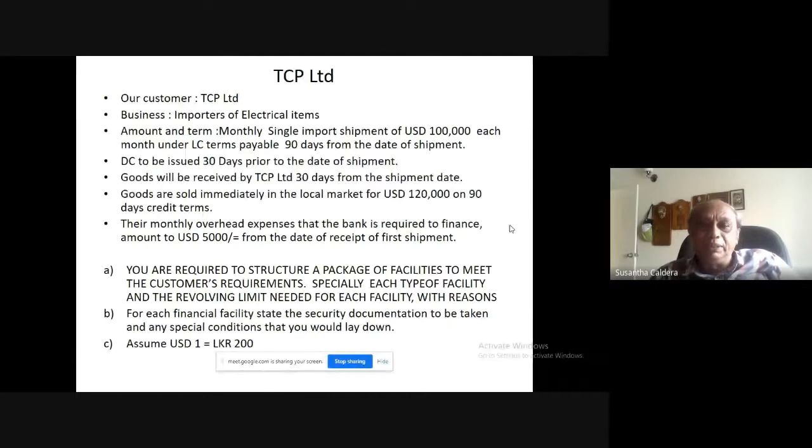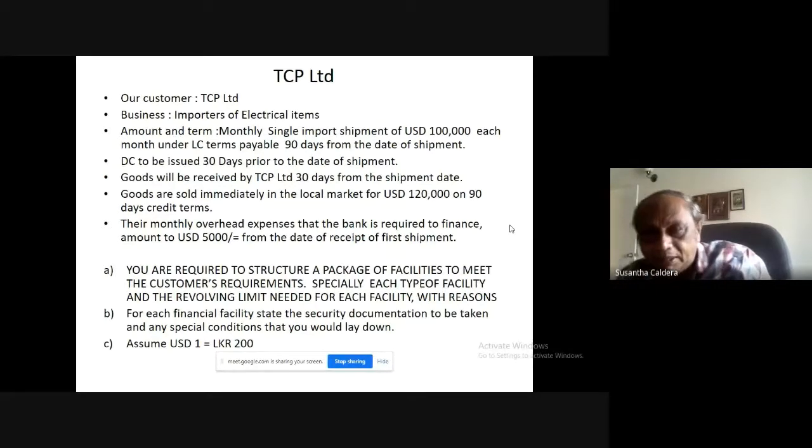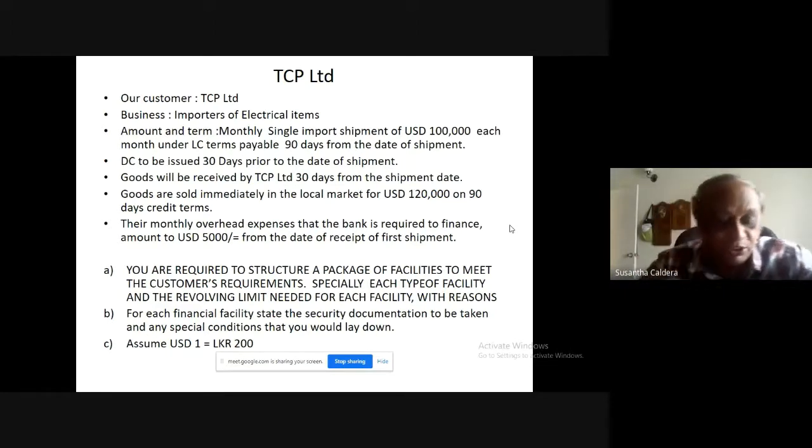Goods are sold immediately in the local market for 120,000 on 90 days credit terms. Immediately, we sell the goods in the local market on 90 days credit terms. Right? There are monthly overhead expenses that the bank is required to finance, amounting to US dollars 5,000 from the date of receipt of the first shipment.